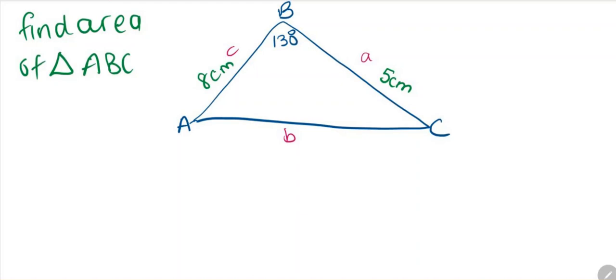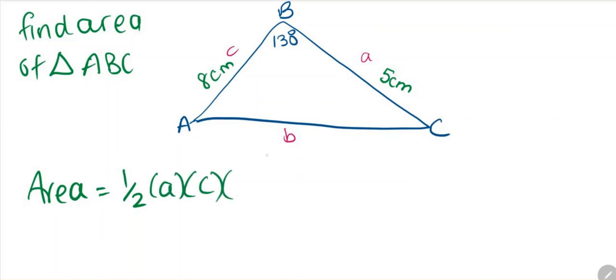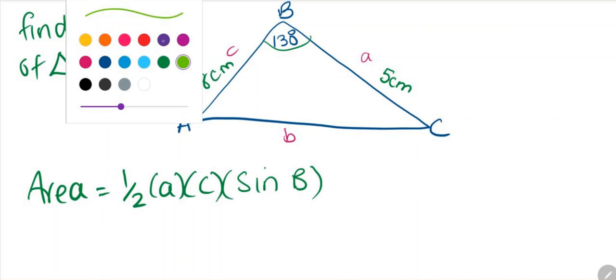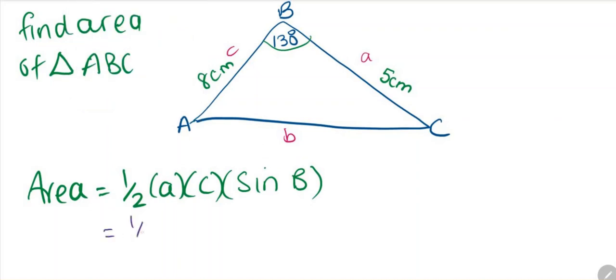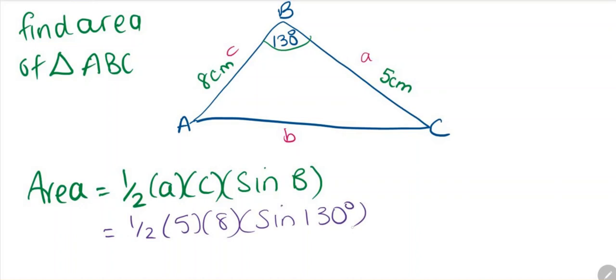Find the area of triangle ABC. So the formula we're going to use, area is a half, and we're looking at the sides we know. So we know a and c. So it's going to be a multiplied by c, and then we're looking at the angle. So it's going to be sine B. If we substitute the values in, we'll have a half multiplied by 5 multiplied by 8 multiplied by sine 130.